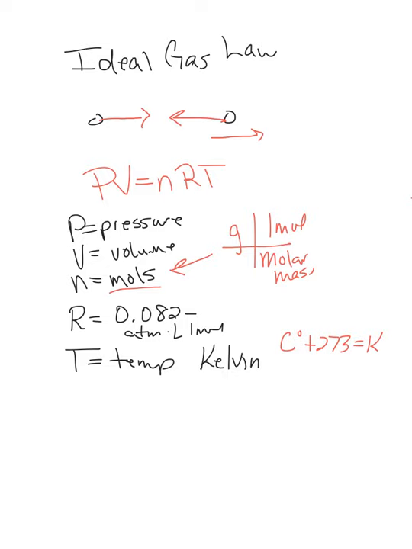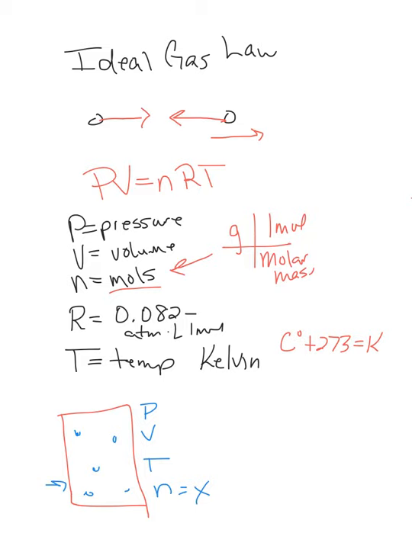So if I have a gas in an ideal situation, I could know certain variables of this system and be able to calculate what I don't know. So for example, if I know the pressure and I know the volume and I know the temperature, but I don't know how much gas is in this container, then I can solve for n.